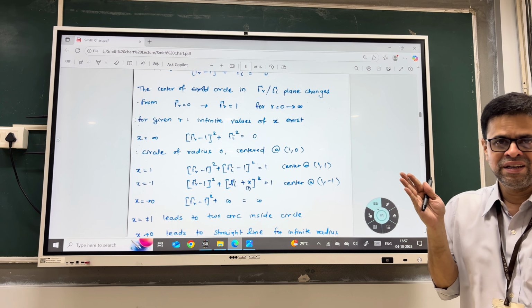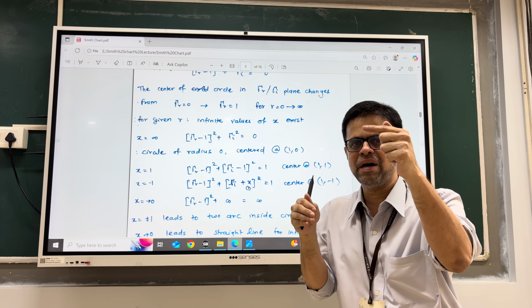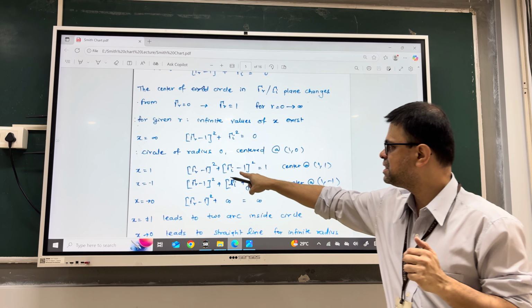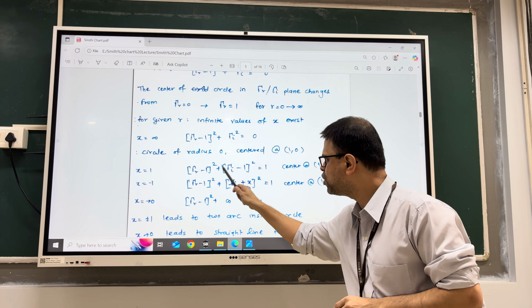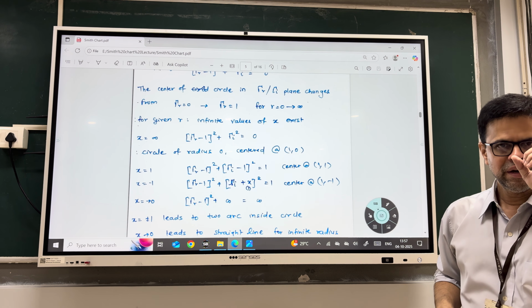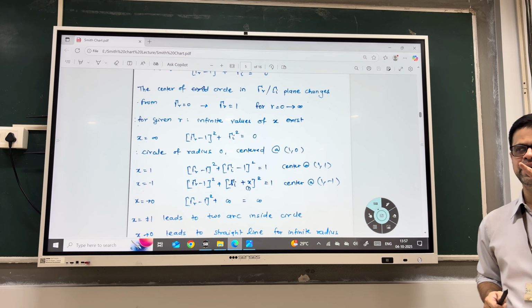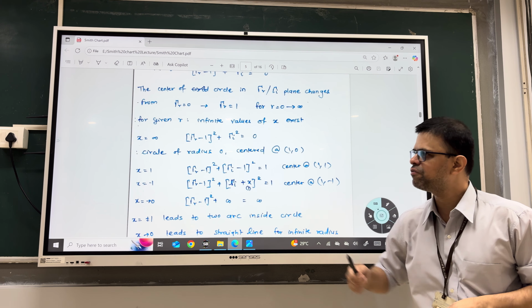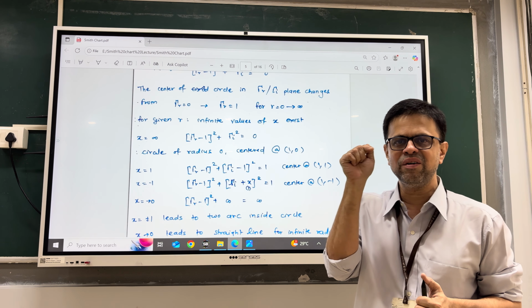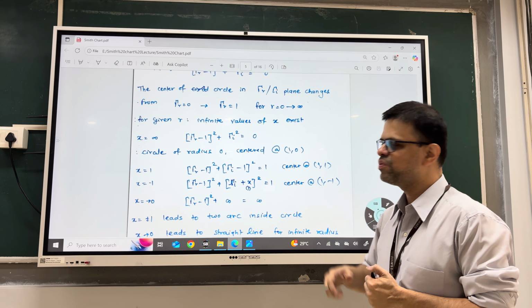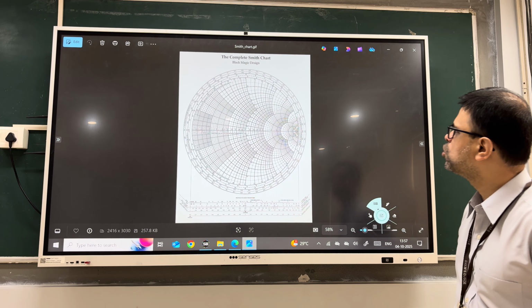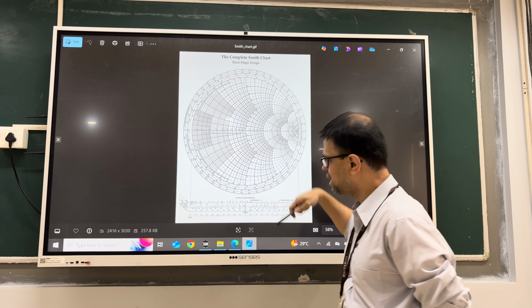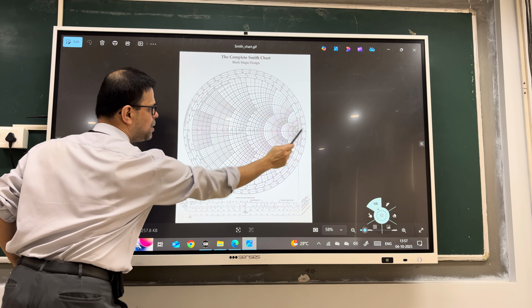Now what it says is, in the gamma R and gamma I domain, this represents the equation of a circle with center at (1, 1) and radius 1. Now what it means, let's go to the Smith chart here. This is the gamma R axis.